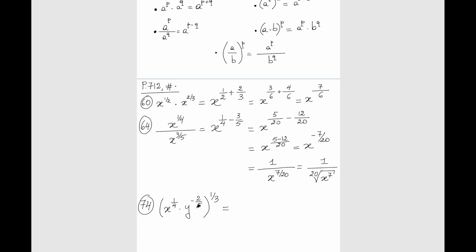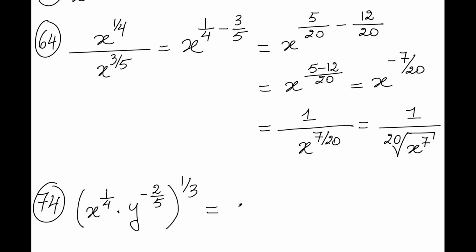This is one entity and this is another, and I have a multiplication in between. So it's the pth power of a product. So technically I'm gonna be using this guy right there with a to be x to power 1/4, b to be y to power -2/5, and p to be 1/3.